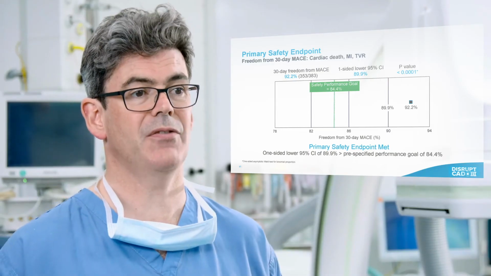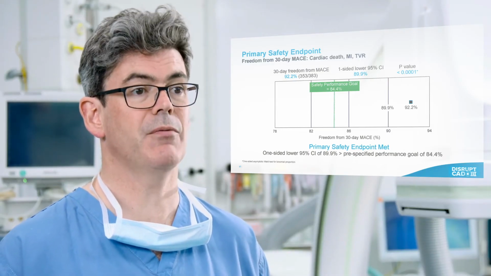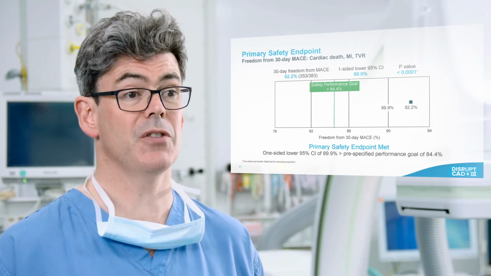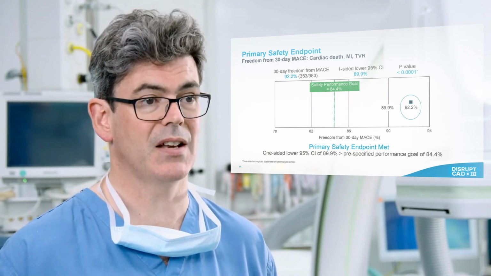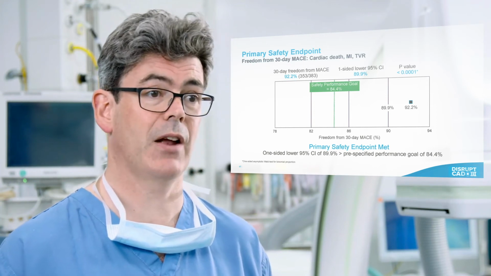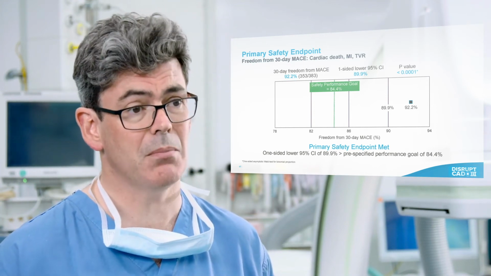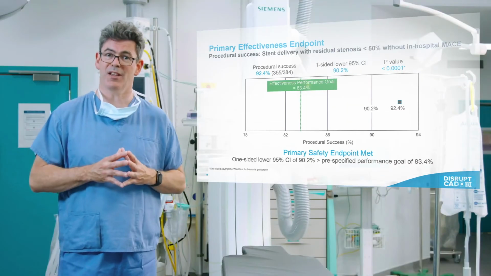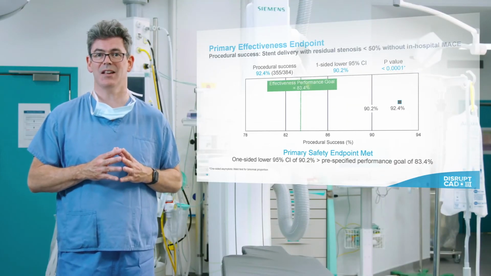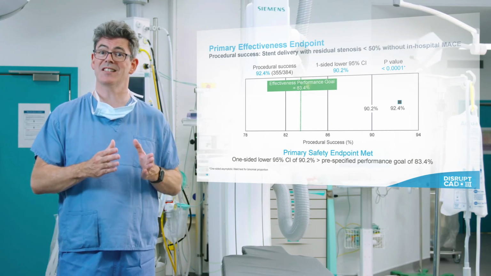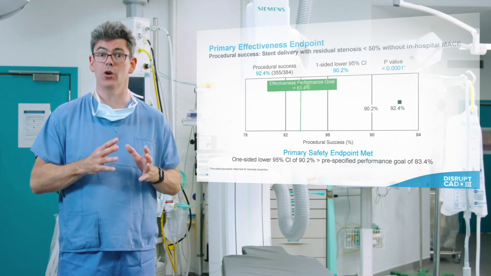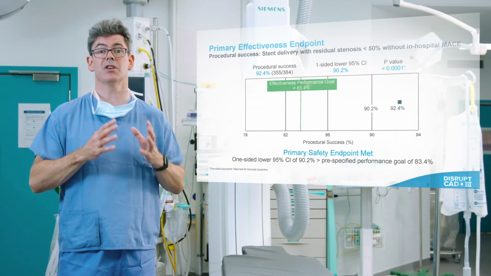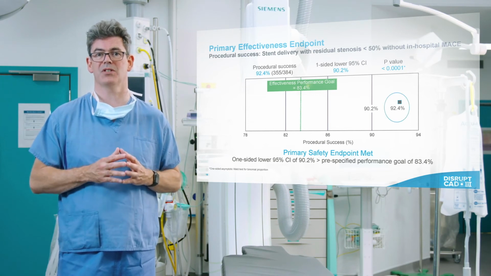The primary safety endpoint, freedom from 30-day MACE, was observed in 92.2%. The lower confidence boundary of 89.9% meets the safety performance goal. The primary effectiveness endpoint, stent delivery with residual stenosis less than 50% and no in-hospital MACE, was observed in 92.4%.